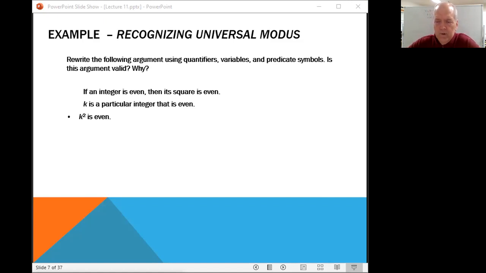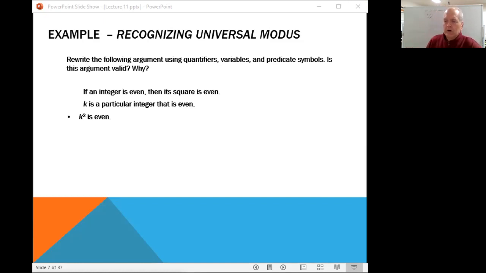So we can devise some notation. So we could say something like E of x stands for x is an even integer, and S of x means that x squared is even. And then we can let K stand for one particular integer that's even.